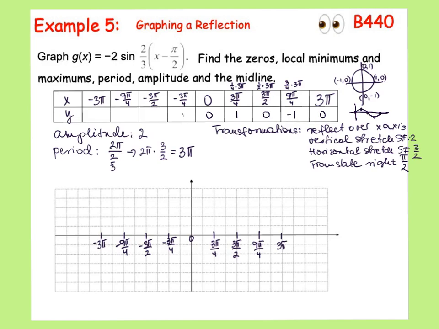So in the opposite direction, we go to -1, 0, 1, and 0. So these are the main points: starting with 0, then going to the maximum, then back to 0, going to the minimum, and going to the x-intercept 0 again.